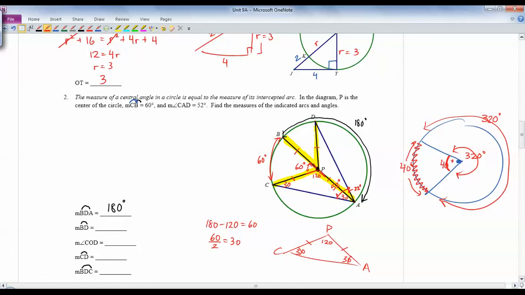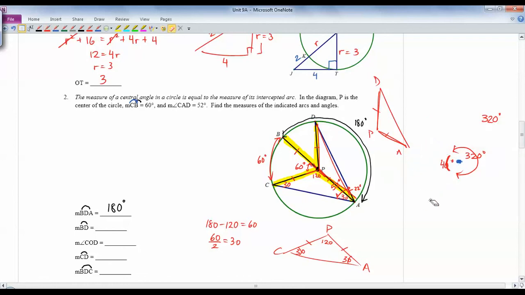Okay, so then if I look at this triangle, that one's an isosceles triangle because of the radius and radius. This one is DPA. So we knew that this one was 22, which means this one has to be 22.